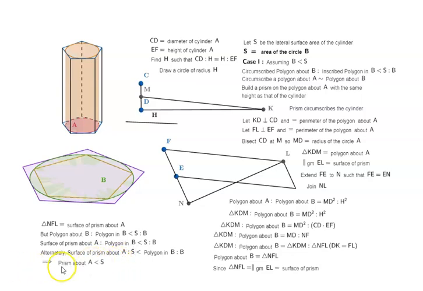So, prism about A is less than S, because polygon in B's area is less than the area of B.